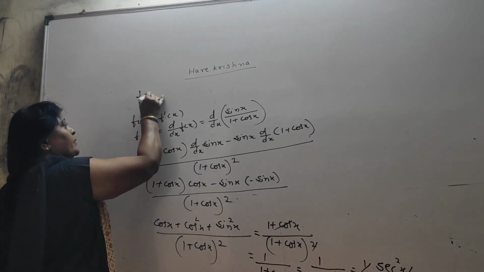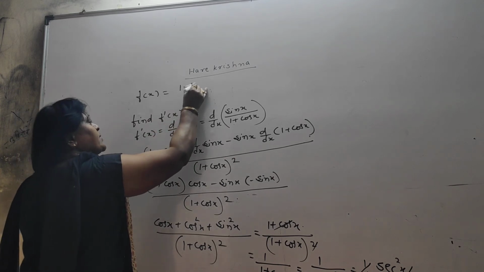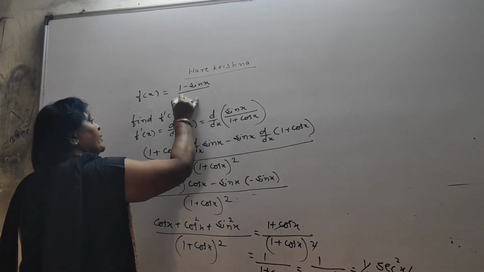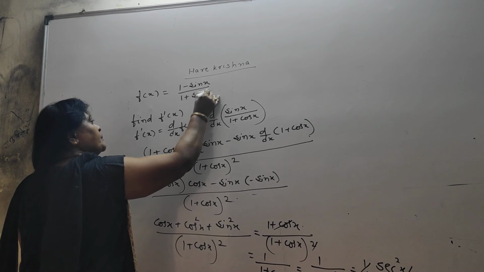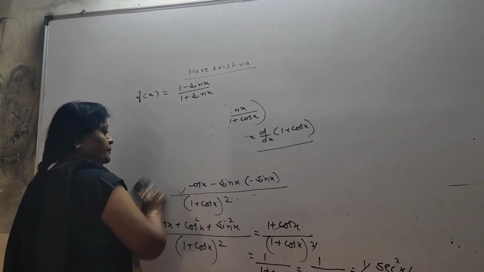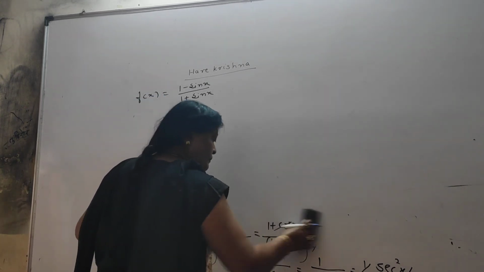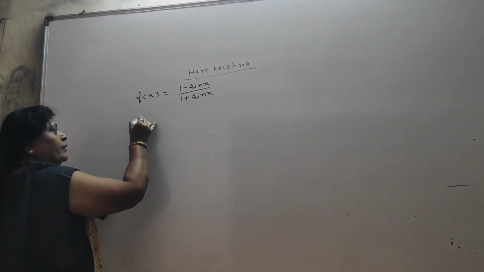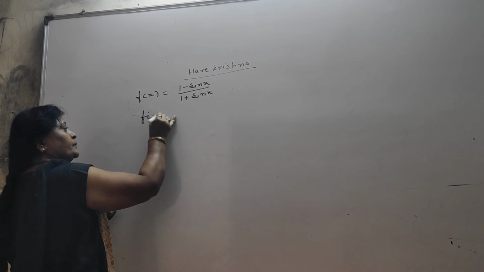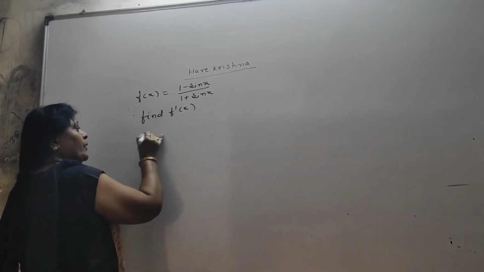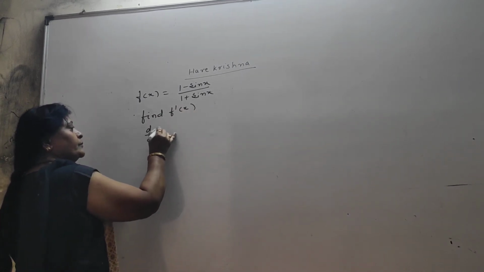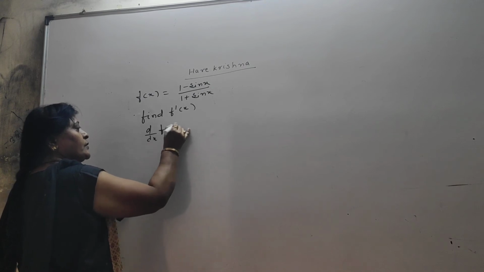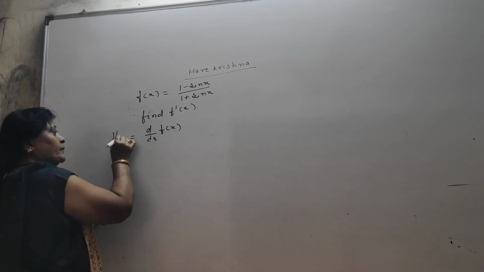f of x is equal to 1 minus sin x divided by 1 plus sin x. Here again the denominator, find f dash x. d dx of f of x is equal to f dash x.